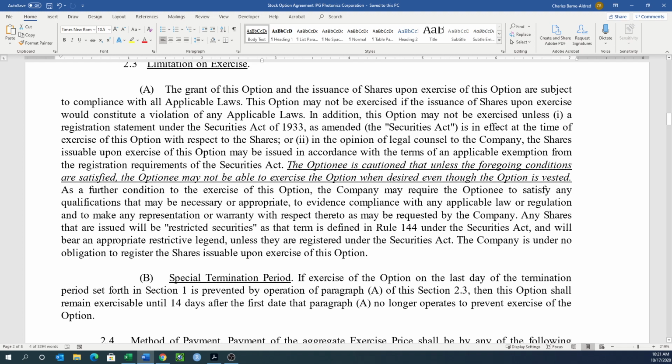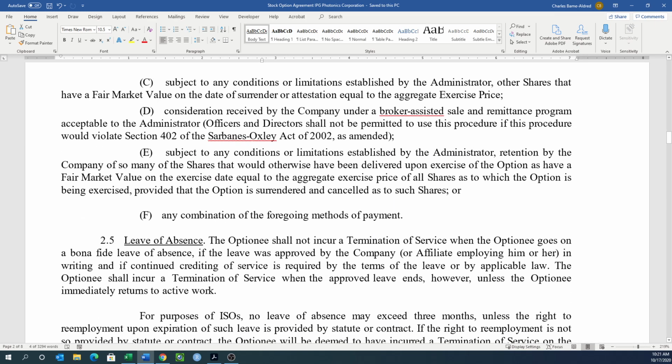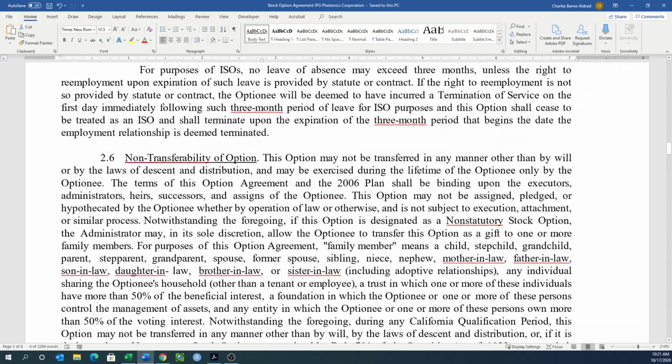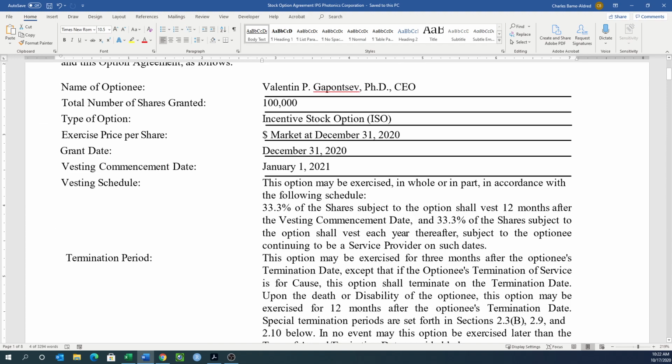If you're a tax professional, you may need to also help the employees that are getting these options, and how are these taxable to them, or are they not taxable to them? There's all sorts of interesting information sitting in these options, but I think most of the data that you're really going to need is right up front here, as far as the main terms of the option contract.